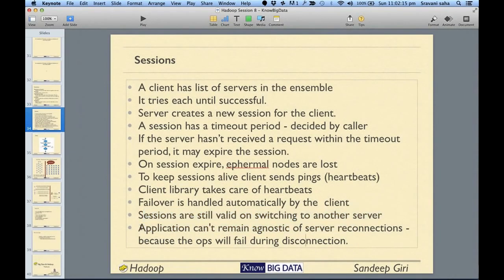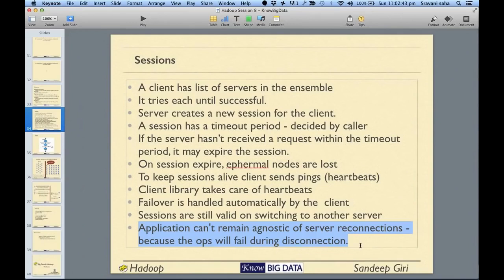Now, though from the surface it looks like all this session management is automatic, and the client library is switching between multiple machines as machines are shutting down and coming up, it does not mean that your application is totally agnostic about this kind of failure.